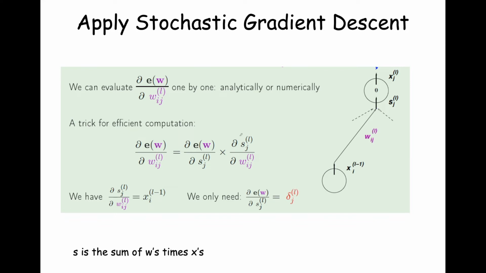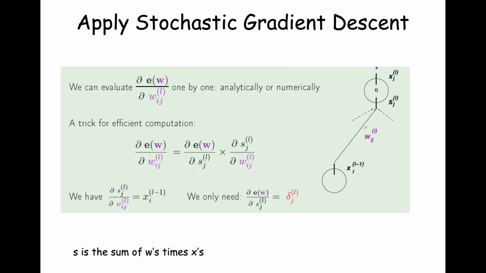Then this next term, the partial of the score at node j in layer L with respect to weight vector w_ij superscript L: we look at this network and ask, how does the score change with respect to the weight vector? Of course, this weight is multiplied by this input, and you can think of that input as a constant.